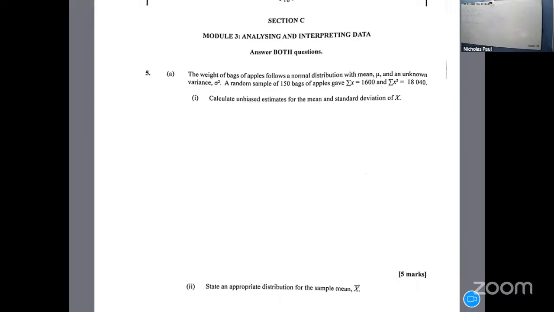Right, so they want the unbiased estimate for the mean, so that'll be the sum of x on n. So that'll be 1600 over 150. What do you get? 6.5.